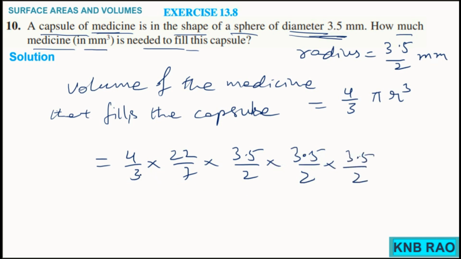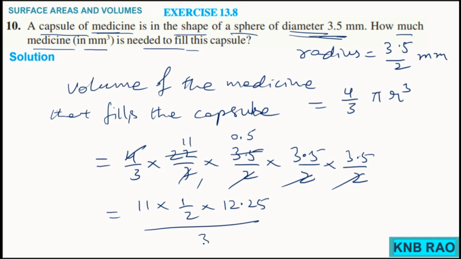Now here we have cancellations. This 2 cancels with this 4, this 2 cancels with this 11, and here 7 into 0.5. So 11 into 0.5, nothing but 1 by 2, 3.5 into 3.5, it is nothing but 12.25 by 3.